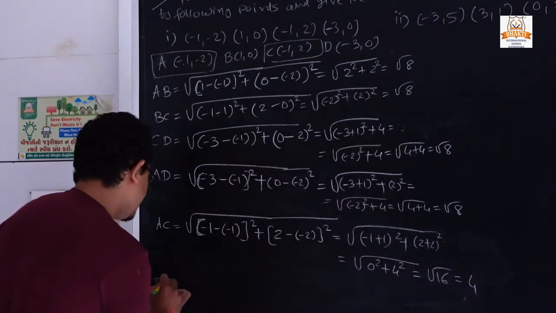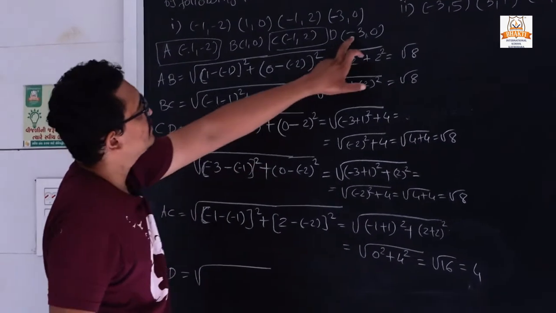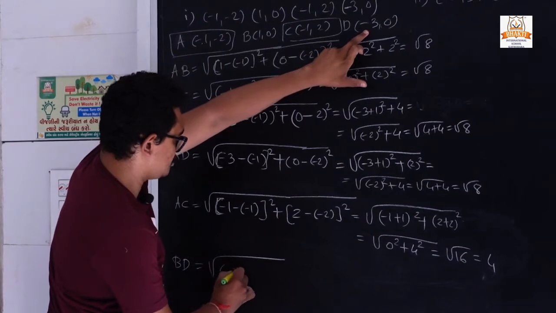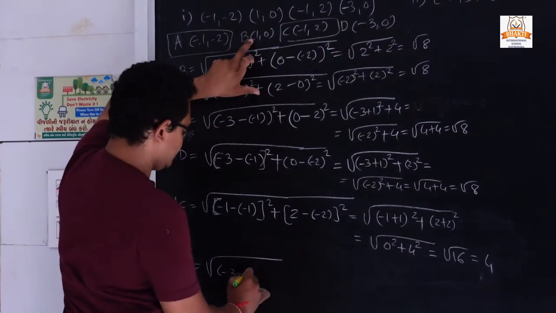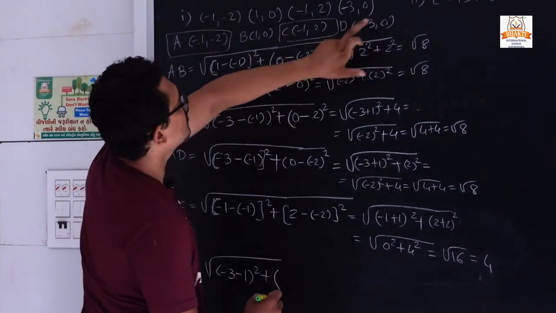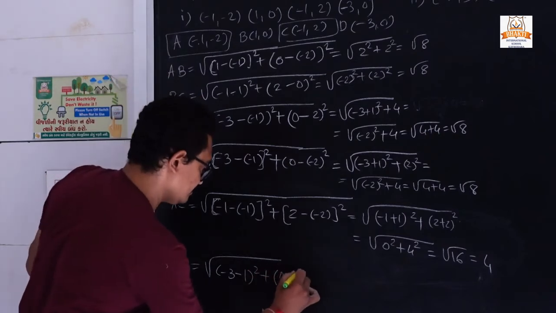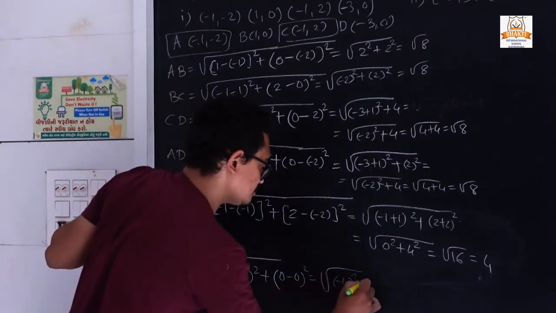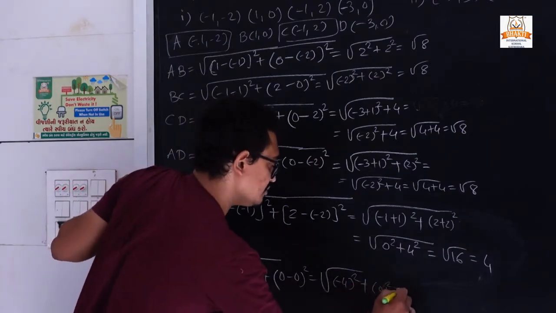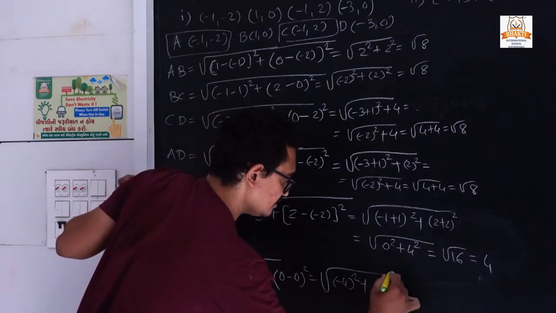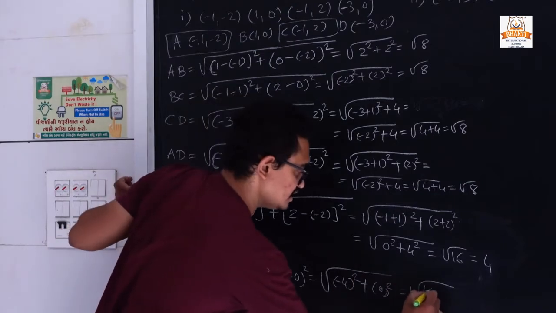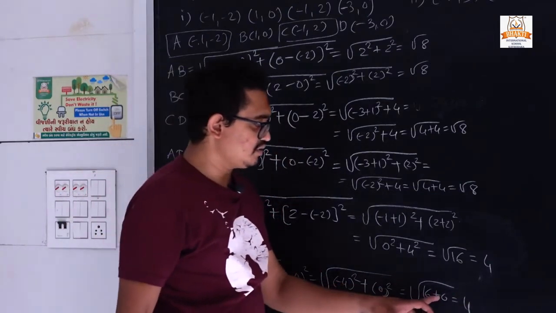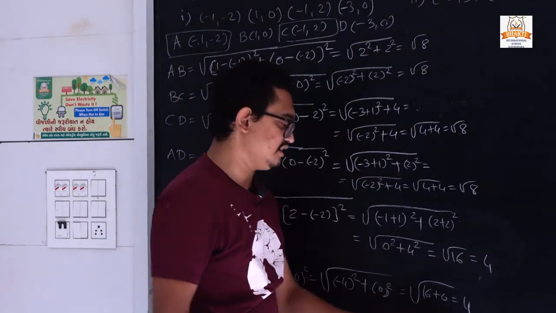Now we find BD. Once again B and D, with x2 minus x1 and y2 minus y1. It is minus 4 all square, then 0 square, so 16 plus 0 under root 16. The square root of 16 is 4.